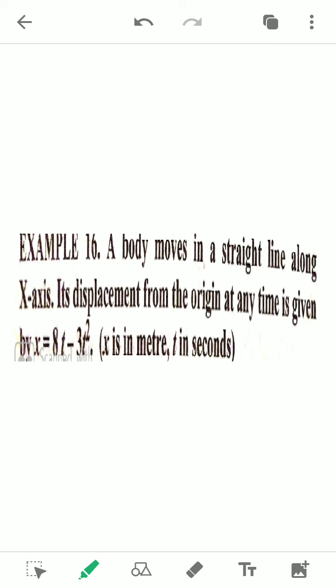The next question says that a body moves in a straight line along the x-axis. Its displacement from the origin at any time is given by the equation x equal to 8t minus 3t square. According to the question, displacement is given, it means we cannot find the speed, we find the velocity.